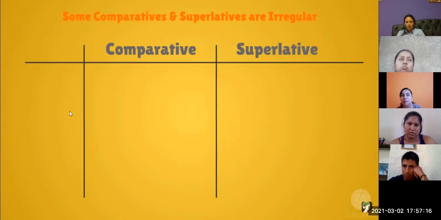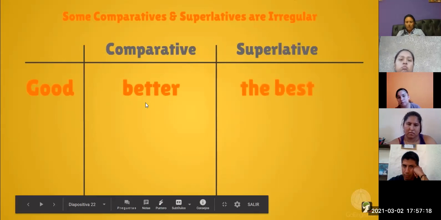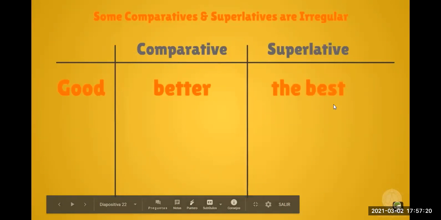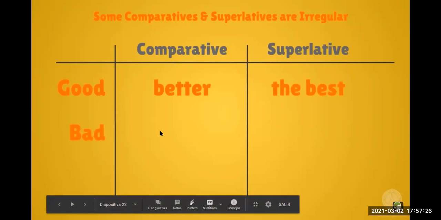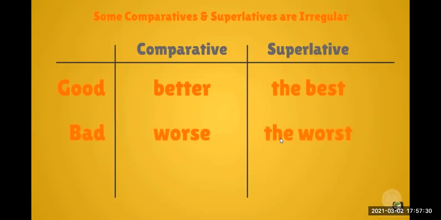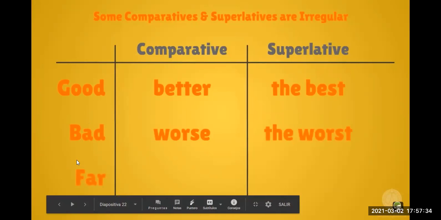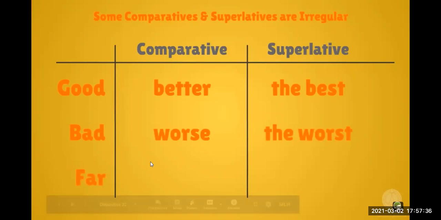So we have good, better, and the best, right? For the comparative it is better, and for the superlative, the best. We have bad: for the comparative it is worse, and for the superlative it is the worst. And then we also have far, like far away, right?